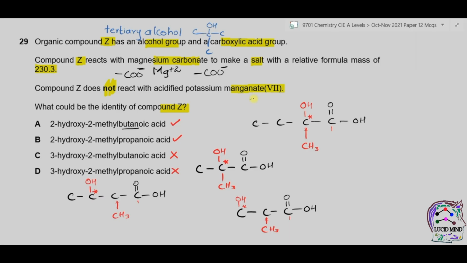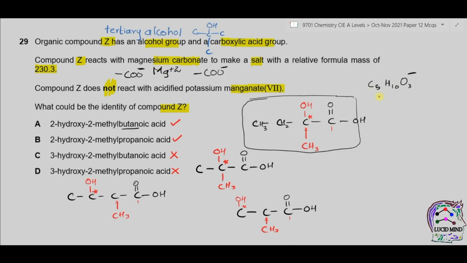Let's find out the molecular mass of this part and we can multiply it by 2. We have 3 hydrogen with this carbon, 2 hydrogen with this carbon. In total we have 5 carbons, 10 hydrogens, 3 oxygen atoms, and the charge will be negative as this hydrogen will be lost when it reacts with magnesium carbonate.